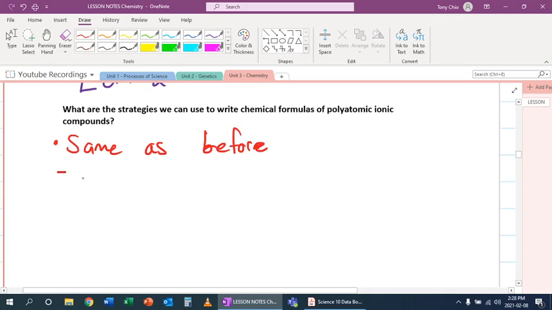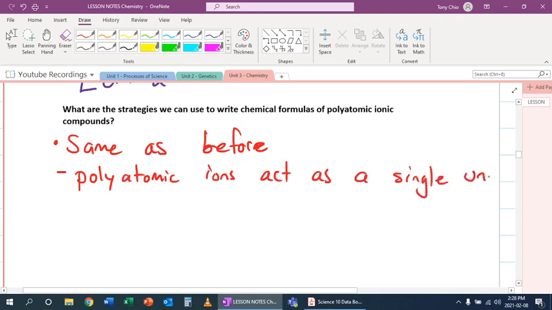But now the rule is the polyatomic ions act as a single unit. And because of that, they carry 1 charge. They carry a single charge.